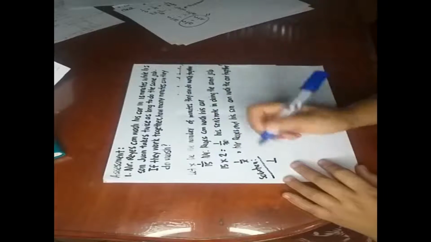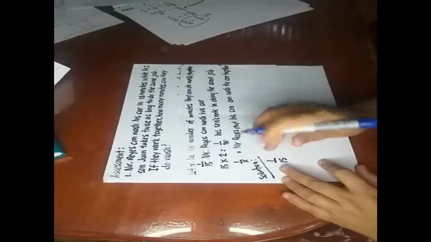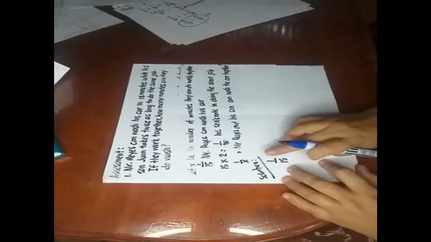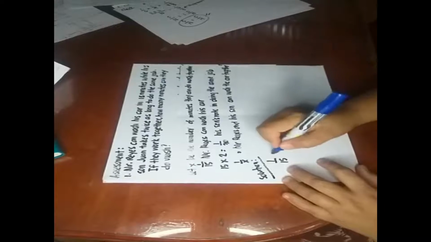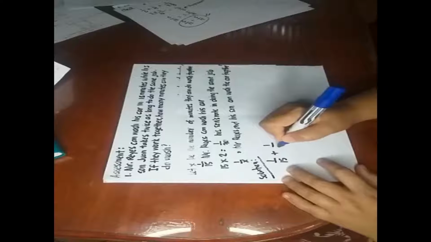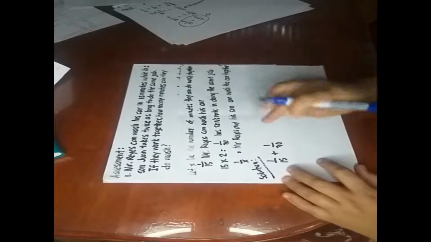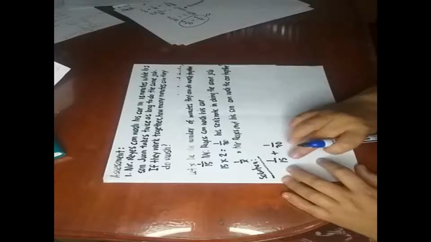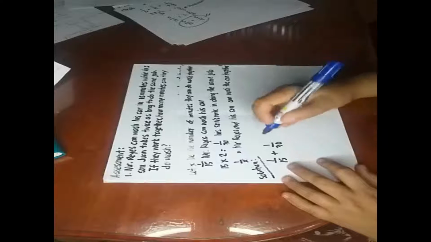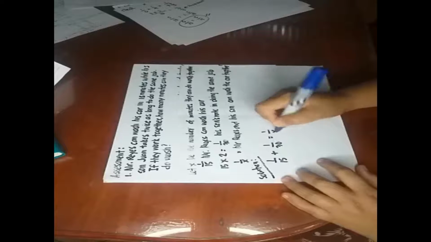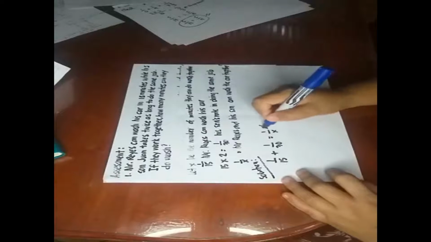so Mr. Reyes can wash his car in 15 minutes, can do the job, one job, in 15 minutes, plus 1/30. One job takes twice the minutes of Mr. Reyes, so 30, equals 1/x. So LCD again.